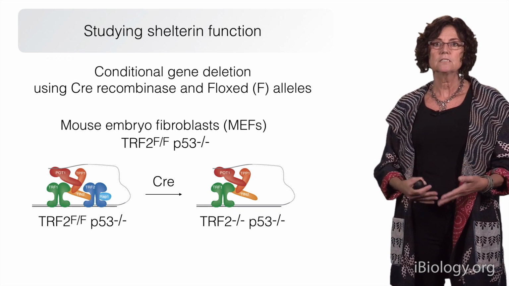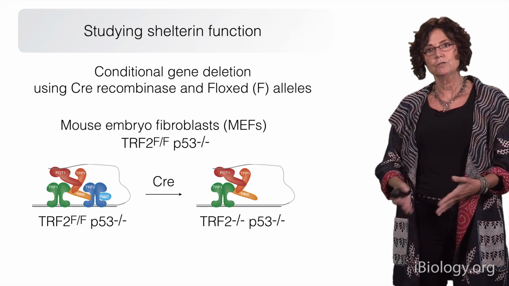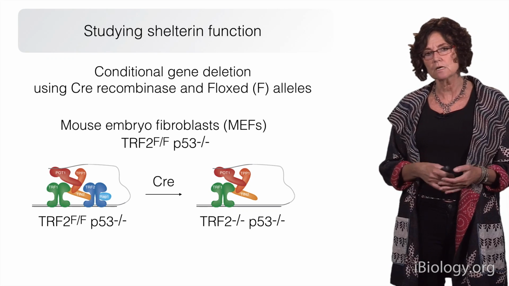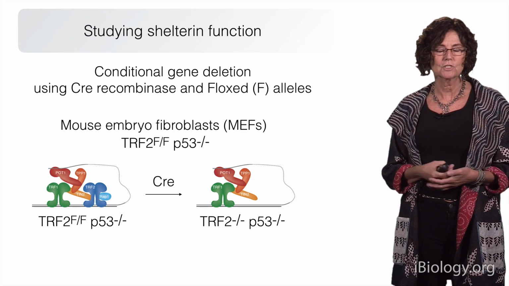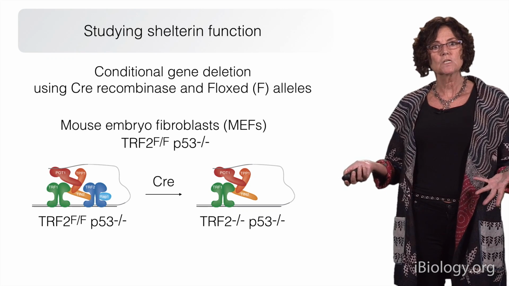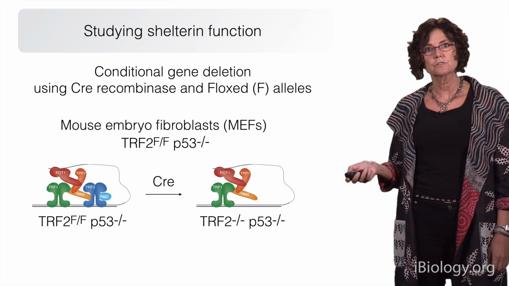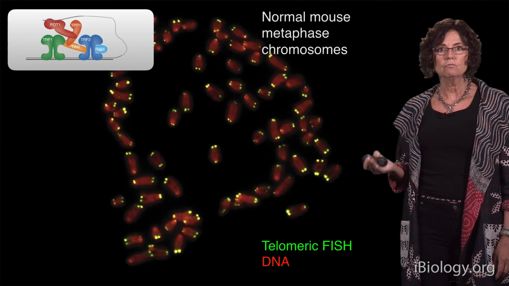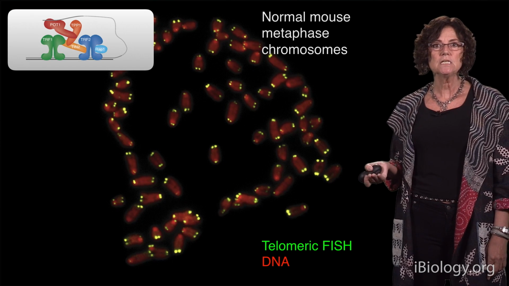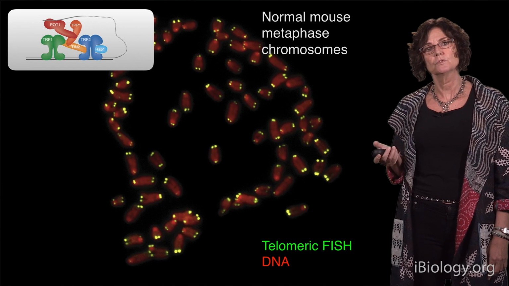And what we do then is we delete RAP1, and if we don't see the phenotype, we know it was a function of TRF2, and it turns out RAP1 doesn't do very much at telomeres. So what happens when you delete TRF2 from cells? Well, there's a really striking phenotype that you can see in metaphases of chromosomes.